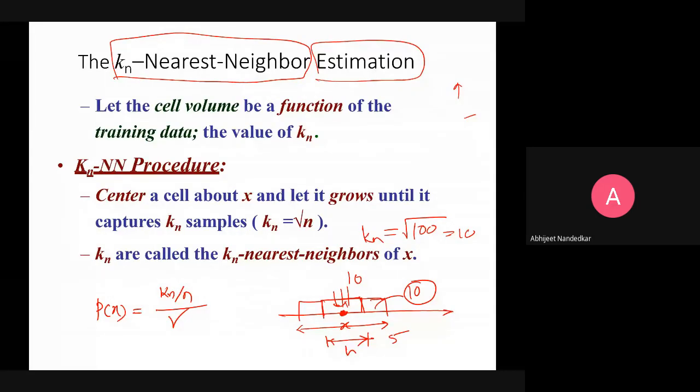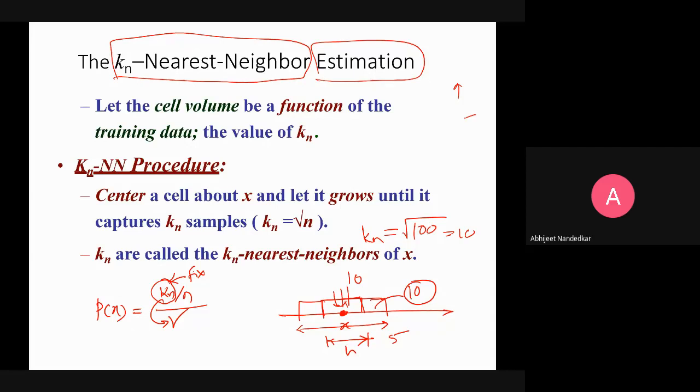So the meaning is that we will first of all fix this quantity k, that I am in search of 10 neighbors, or 5 neighbors, and then we will play with this volume. We will adjust the volume such that those many k's are accommodated.